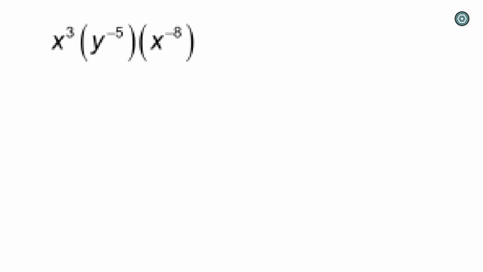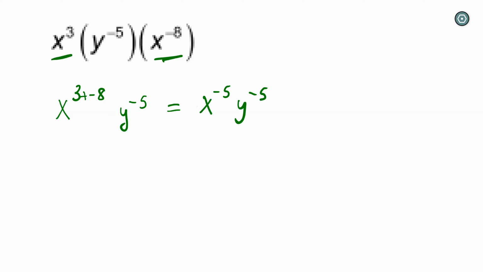So what I would like to do is combine this the way we've been doing, and then you're going to notice something sneaky happening. I have my base, x to the third, x to the negative 8, and I want to add the exponents. And then I have y to the negative 5th. I end up getting x to the negative 5th times y to the negative 5th. Well, that's okay, but that's not simplified.